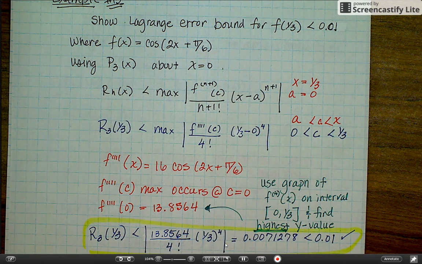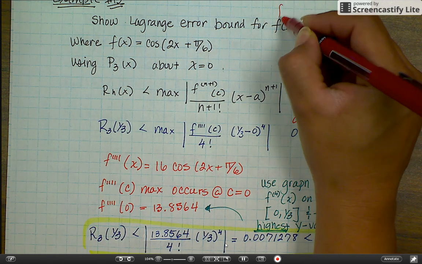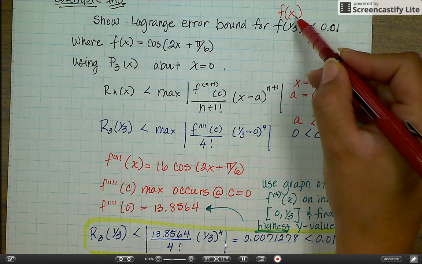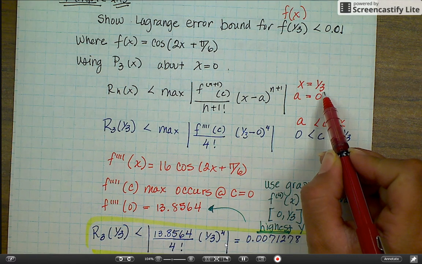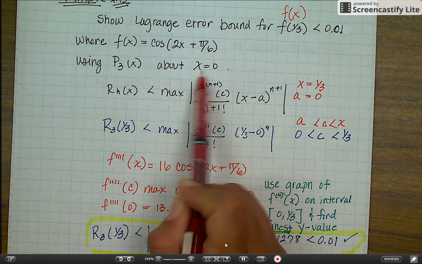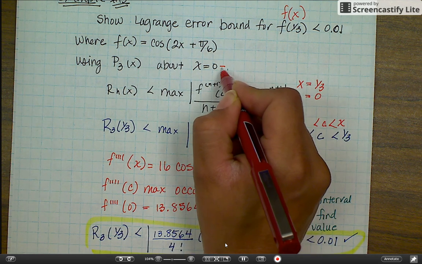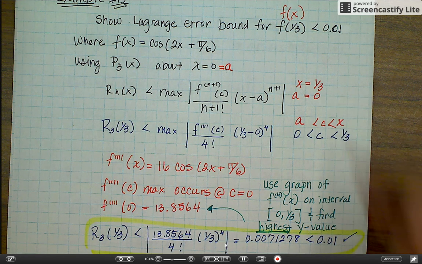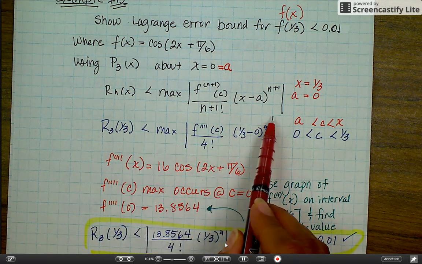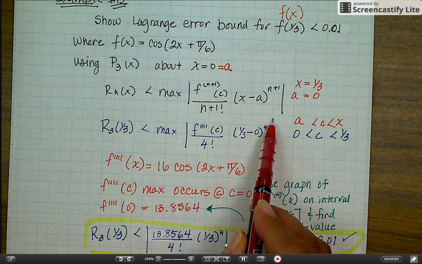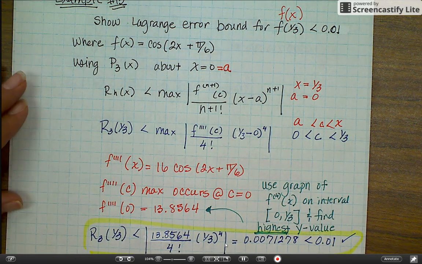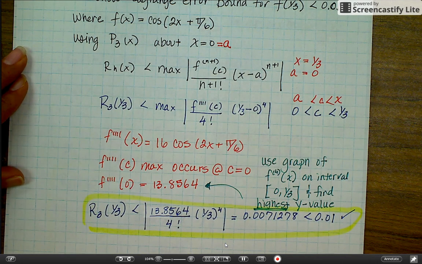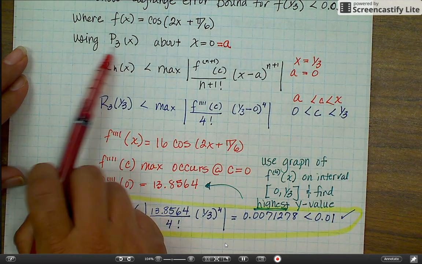Now it is important from this problem to understand what is our x and what is our a. If I said f of 1/3, then that means my x is 1/3. And I'm saying about x equal to 0, so that means 0 is our a. So that's how I determine my x and my a. And this is the formula that I had from the beginning. Now what I'm going to do is input the values that I'm given.